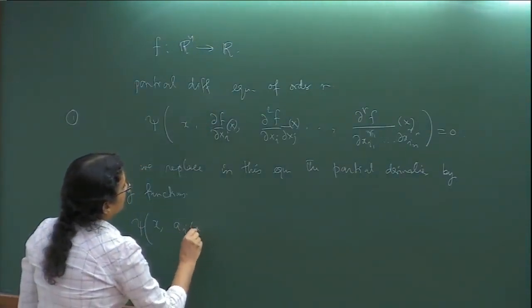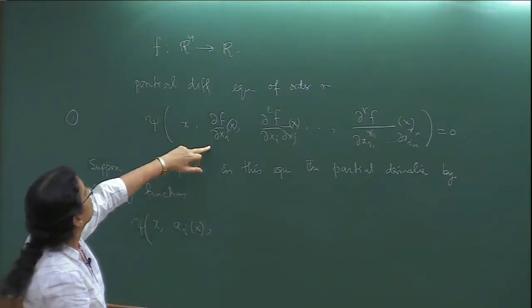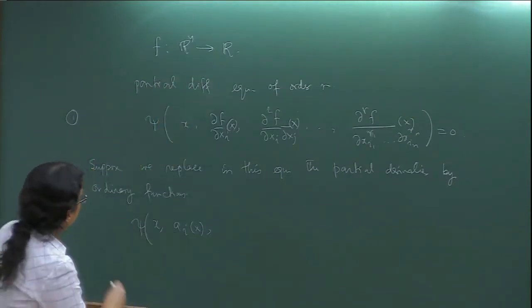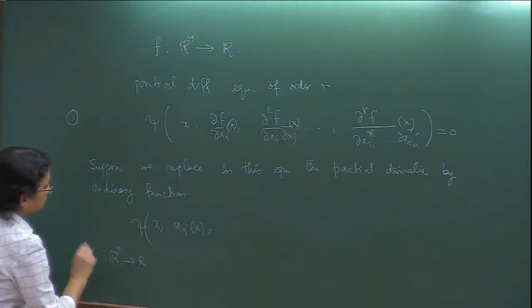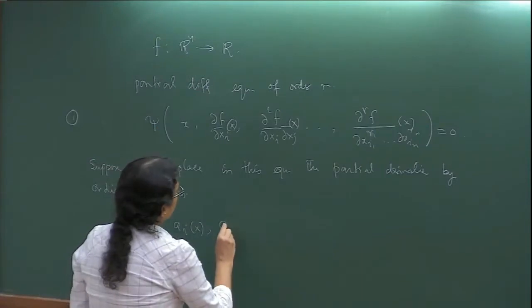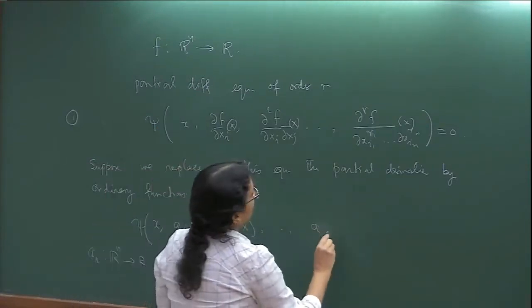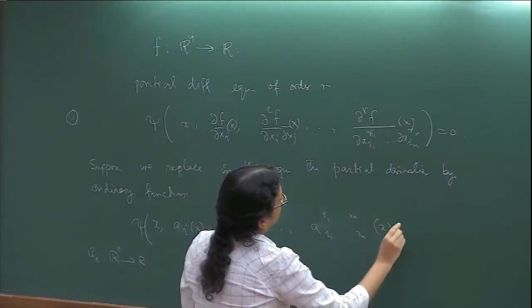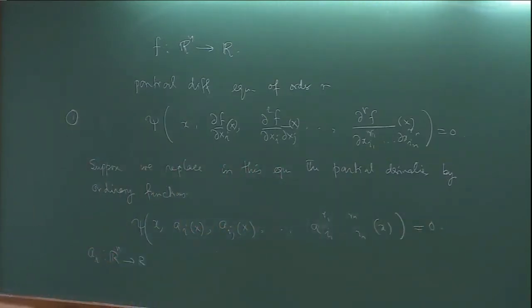Instead, I will simply write a_i(x). So what happens to these del f del x_i's? These are again functions from R^n to R. Here these a_i's will therefore be some function from R^n to R. Okay. So I'll replace all these things. So this is what I mean by a formal equation.